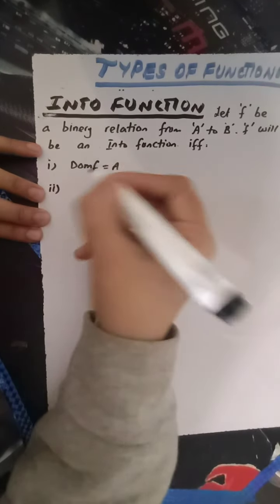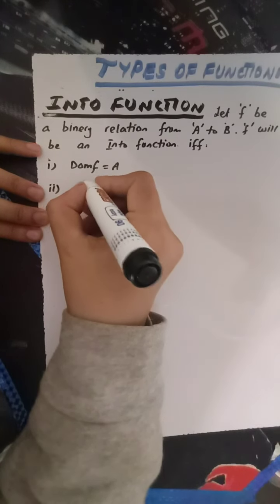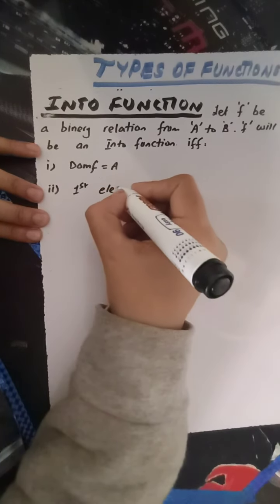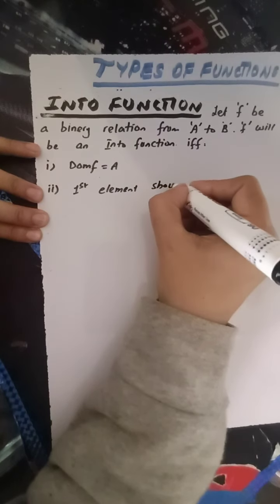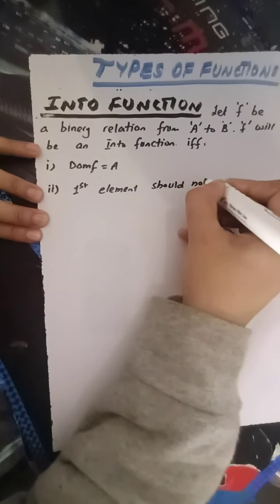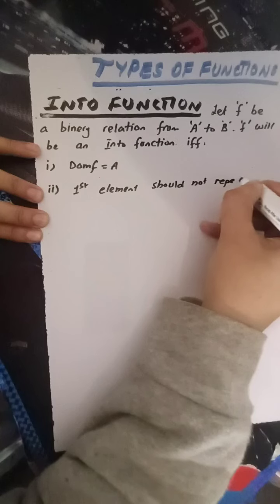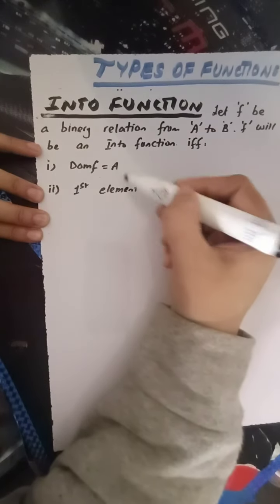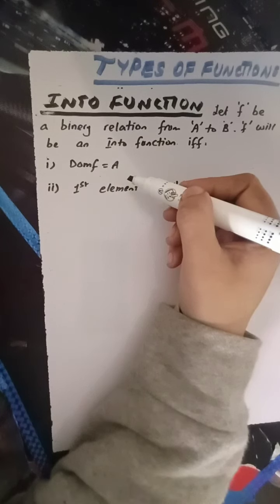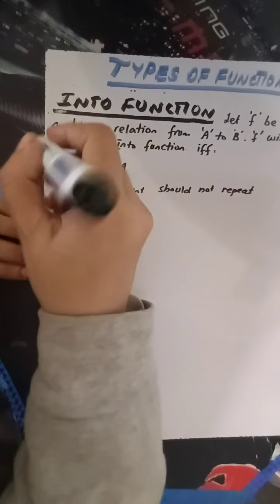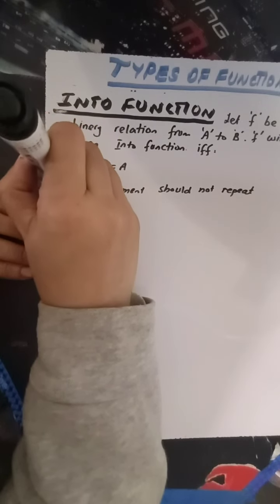And the second condition of the function was that the first element should not repeat. These were the two conditions that we needed when we wanted to prove a binary relation to be a function. So these are the basic conditions of a binary relation to be a function.